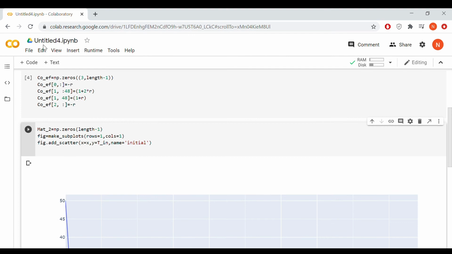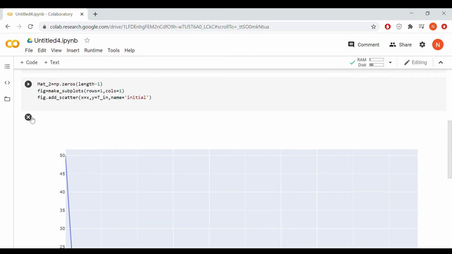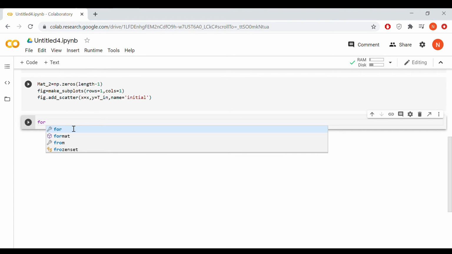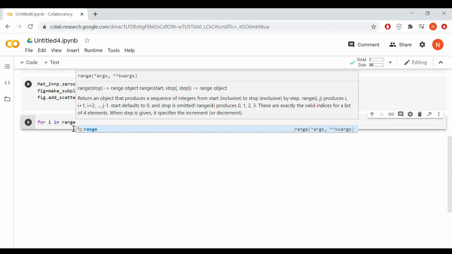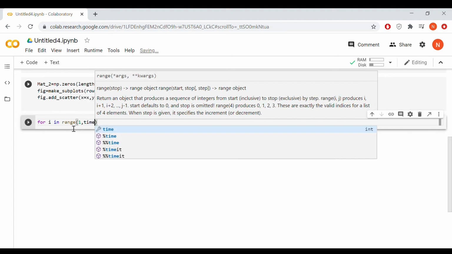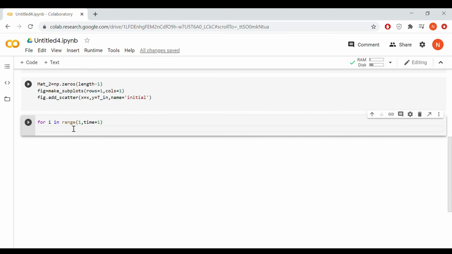Okay, perfect. So now we have that. Now let me get rid of that for a second. Now we'll start adding the other lines. So for i in range from 1 to time plus 1, we want to, well, there we go.